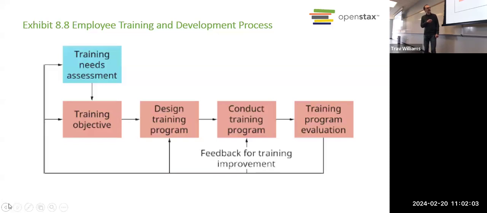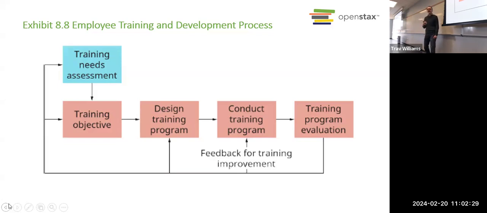So once they identify the objectives, they create the training program, just like your college instructors have to create the course that you're going to be going through. Then they have to actually conduct it, actually train people, and then continually see how it's going.